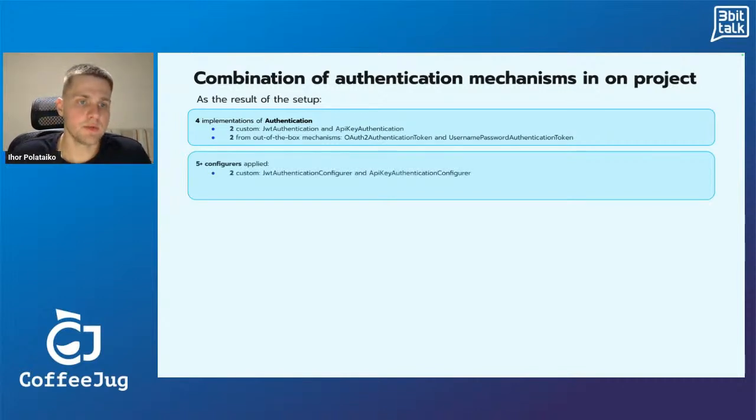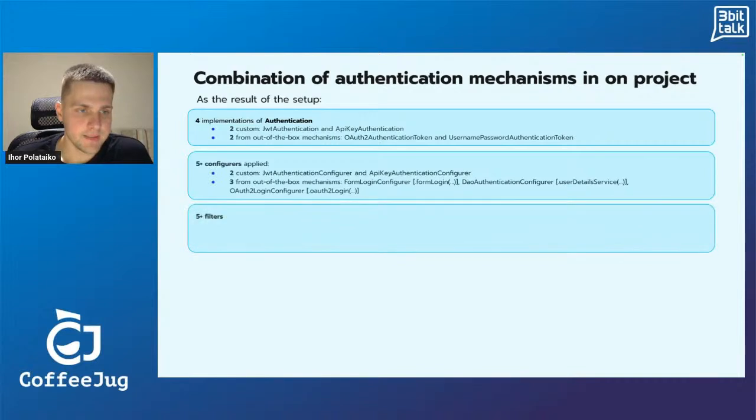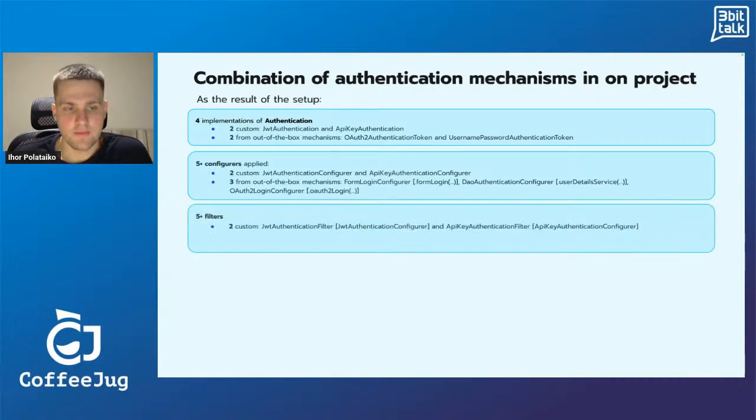Two are custom: JWT authentication configurer for the JWT mechanism and API key authentication configurer for the API key mechanism. And there are 3 for out-of-the-box mechanisms: form login configurer applied because of invocation of form login, DAO authentication configurer applied because of invocation of user details service, and OAuth2 login configurer applied because of invocation of oauth2Login. Then there are more than 5 filters, but 5 filters which we care of.